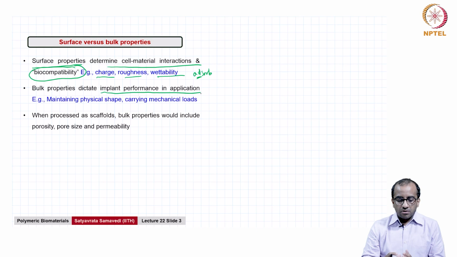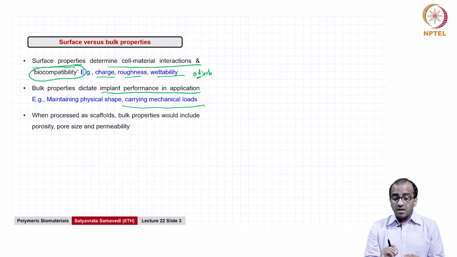Examples of that include maintaining the correct physical shape over time or deforming as required. For example, stimuli responsive polymers will undergo large changes in macroscopic structures, and that could be by design, right. So, all that has to do with bulk properties. Then carrying mechanical loads. Many of the polymeric biomaterials that we have looked at are integrated as part of devices to perform specific mechanical functions.